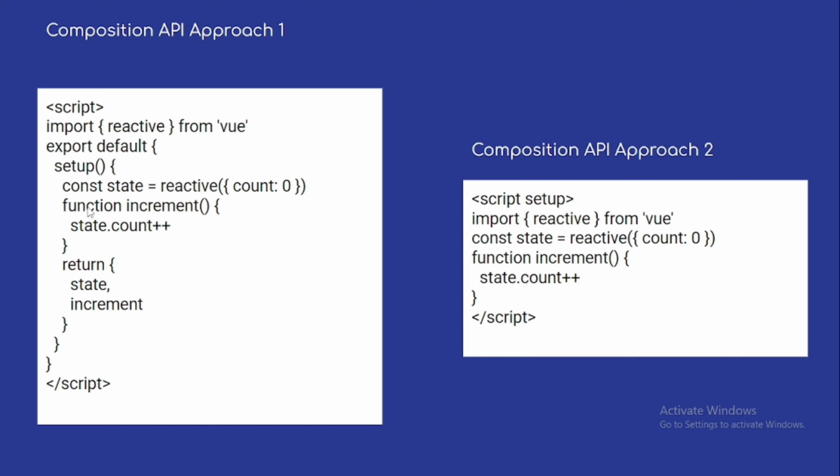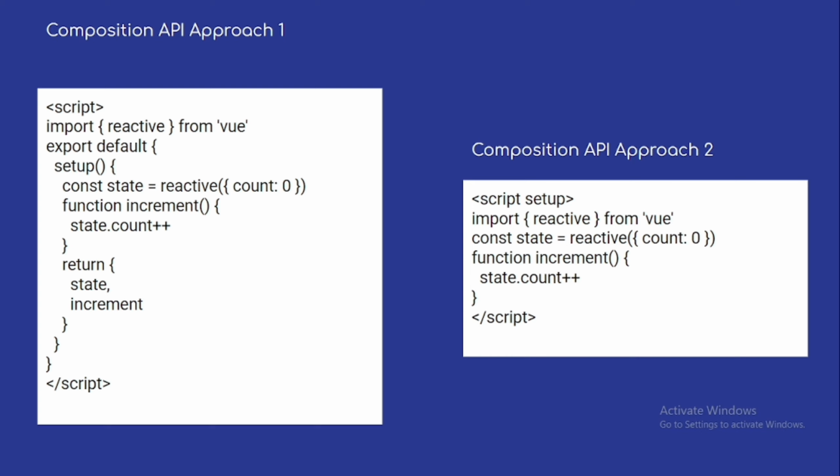Whatever method or variable we declare inside the setup method must be returned, then only those properties or functions can be accessed in the HTML. Here we declared a variable like state and a function like increment, and finally we are returning them, because if we want to use them in our HTML, we should return them. So this is one technique to write the composition API.